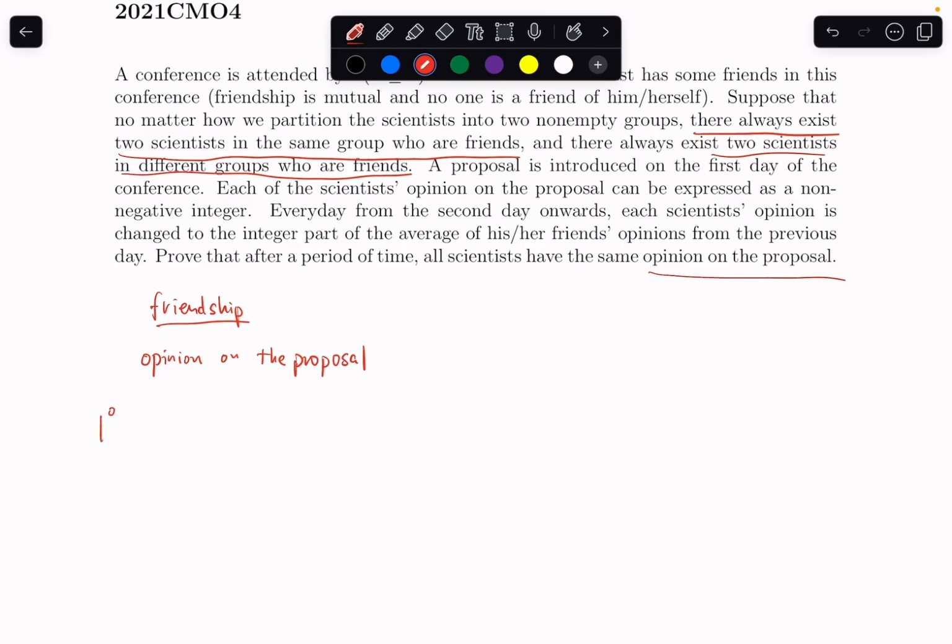When we talk about friendship, it is easy to think of graphs.